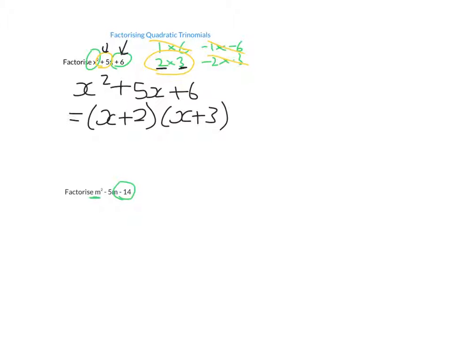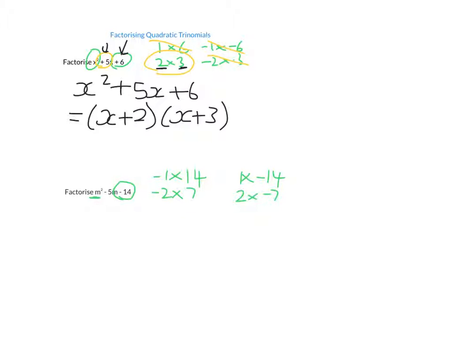As you do a few of these, you'll be able to shorten this process a little bit and do things in your head, but I'm just going to go through the process of listing them all. So we could have negative 1 by 14, or 1 by negative 14, negative 2 by 7, or 2 by negative 7, and that's all there is.